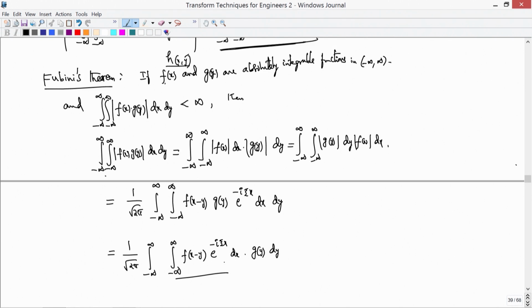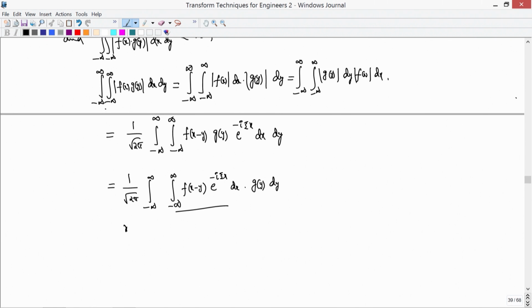Now, you look at this one, here you try to use x minus y equal to t. If you do that, dx will be dt, and the double integral becomes 1 by root 2 pi, the inner integral has limits minus infinity minus y, where y is fixed.